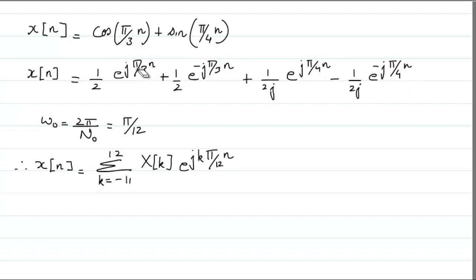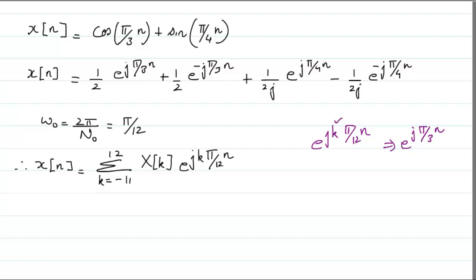So tell me, at what value of k will you get pi by 3? The question is, at what value of k will e raised to power j k pi by 12n become e raised to power j pi by 3n?